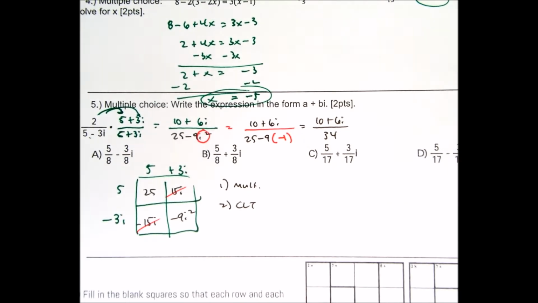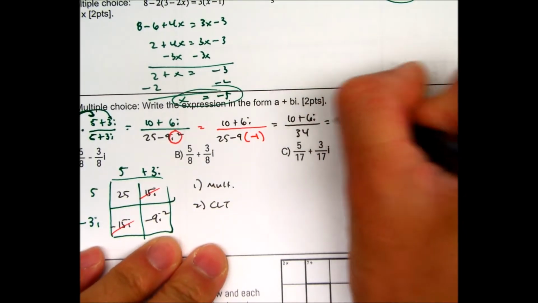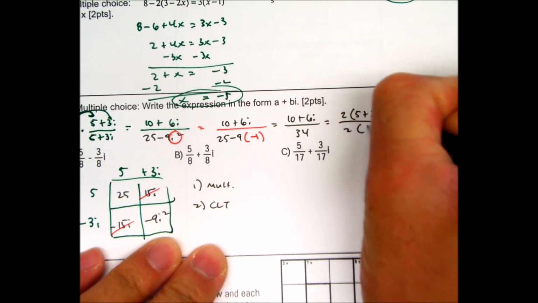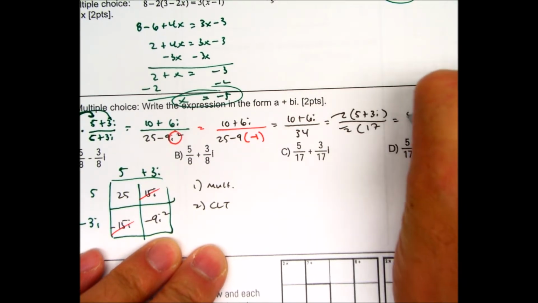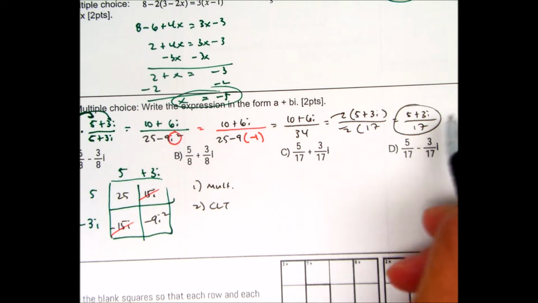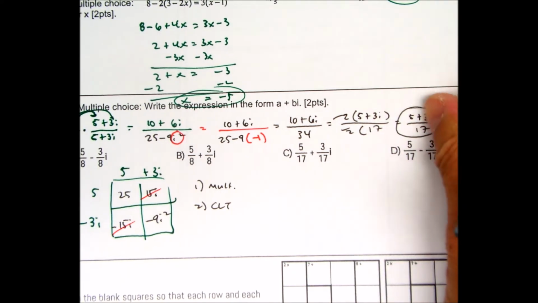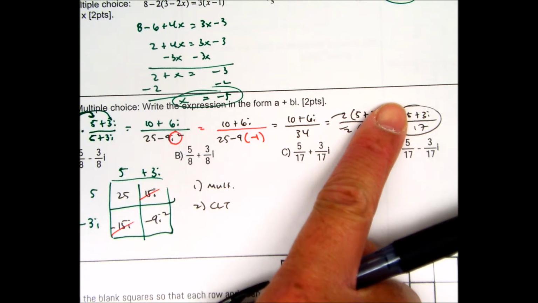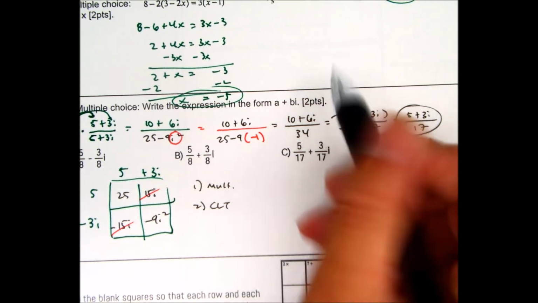And you'll notice that these are all evens, so I can just factor out 2. And we're left with 5 plus 3i over 17, which, if you separate it, is 5 over 17 plus 3i over 17, which would be choice C.